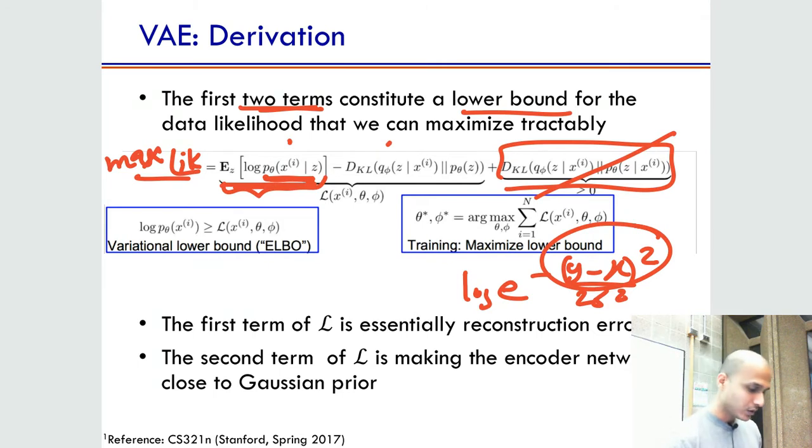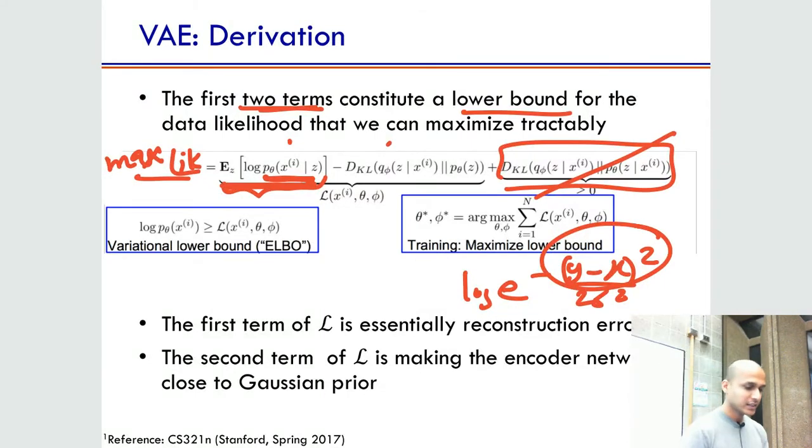Okay, so the first term is essentially the reconstruction error, because the Gaussian distribution's exponent and the log cancel, and maximizing the negative of the Gaussian distribution's exponent is the same as minimizing the reconstruction error, which is some sort of a squared loss. That's what I'm saying.